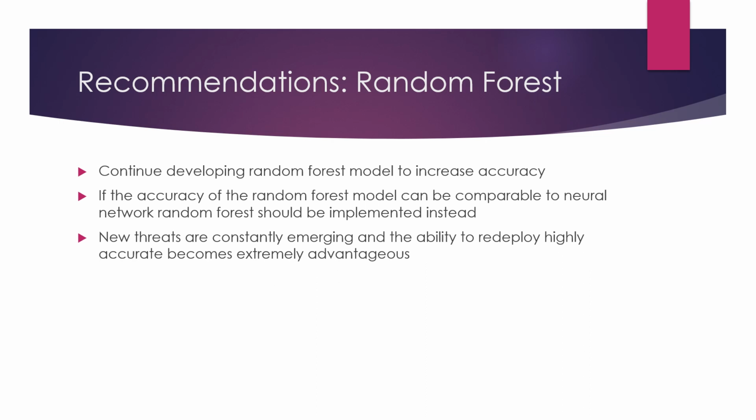Some recommendations with the random forest is to continue developing the random forest model to increase accuracy. And then if that accuracy of the random forest can really be comparable to the neural network, random forest should be implemented instead. New threats are constantly emerging, and the ability to redeploy highly accurate models becomes increasingly advantageous. So for instance, neural network takes hours and could even later on take days to train.